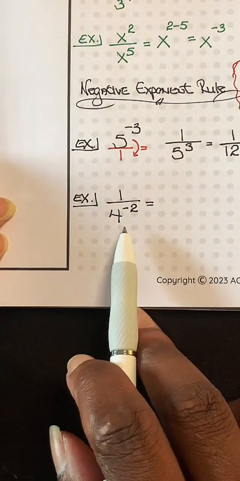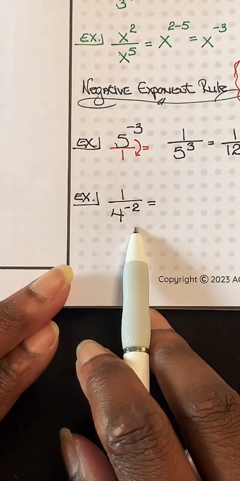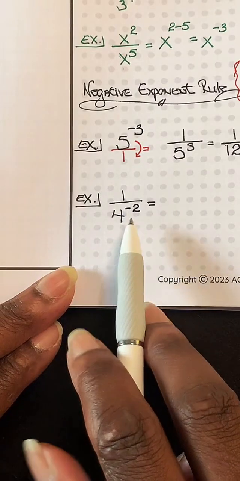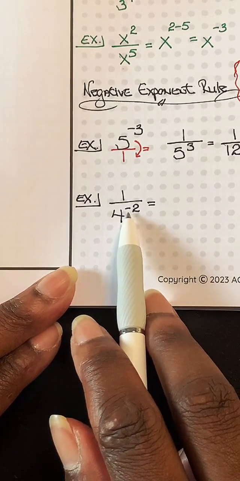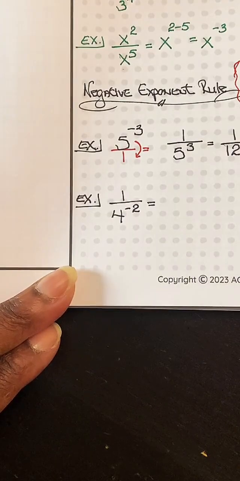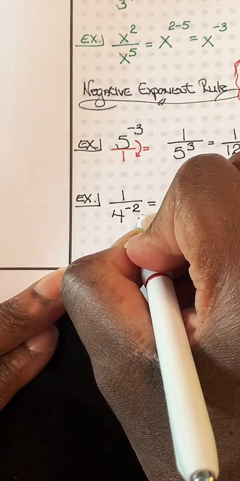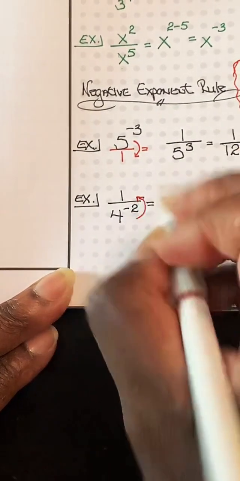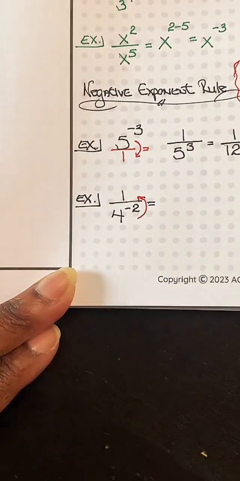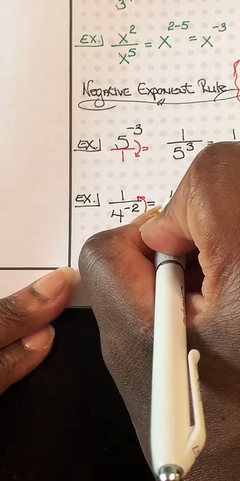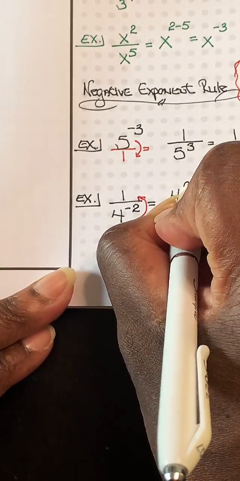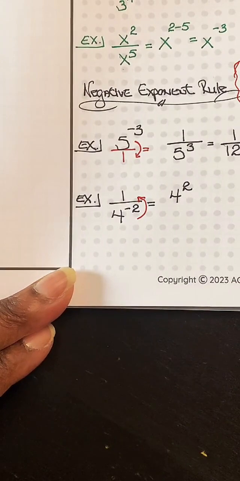So we have a negative exponent. Before we can do anything, we need to get rid of this negative. That means it needs to move. If it's on the bottom, we need to move it to the top. So when we move it to the top, we have 4 raised to the second power.